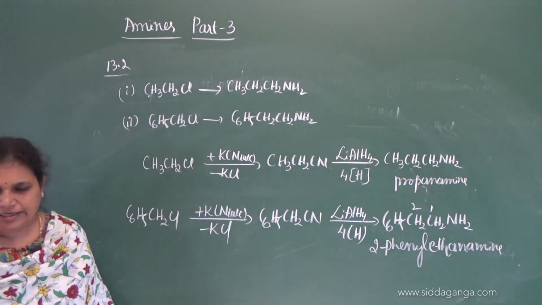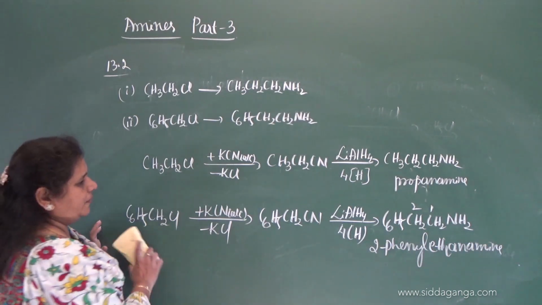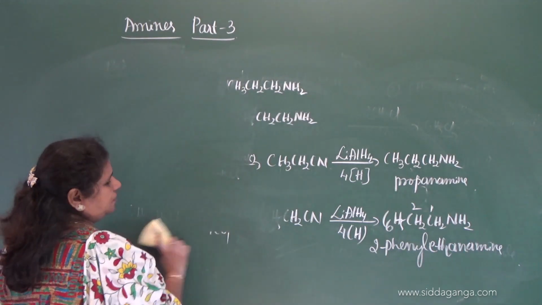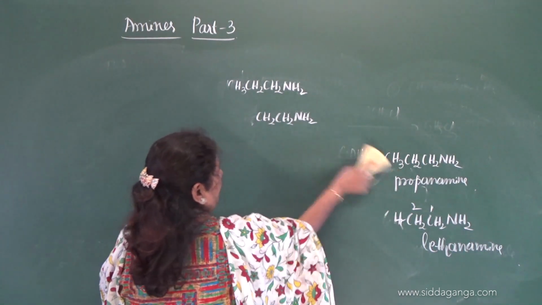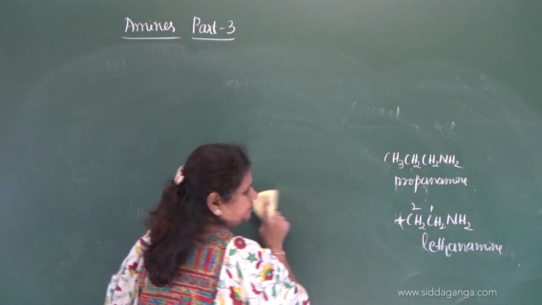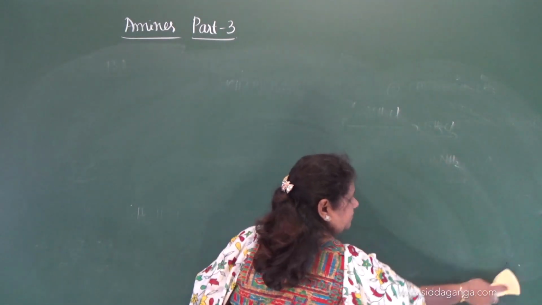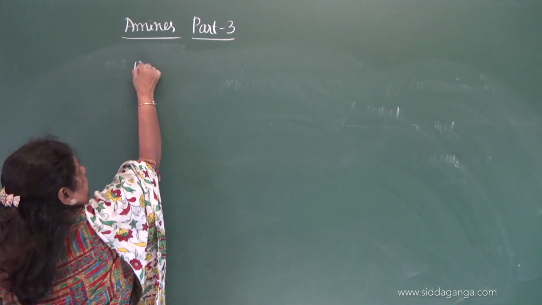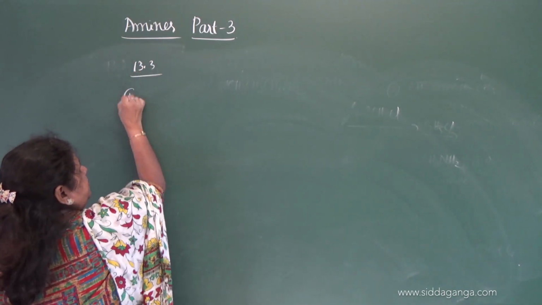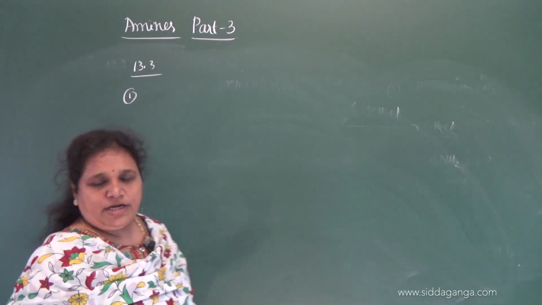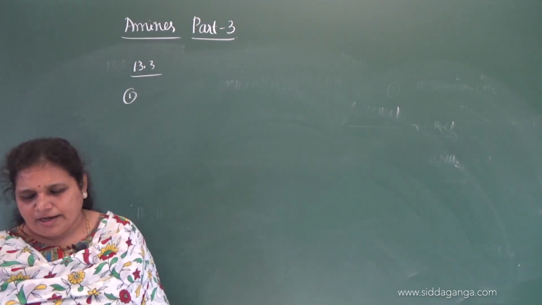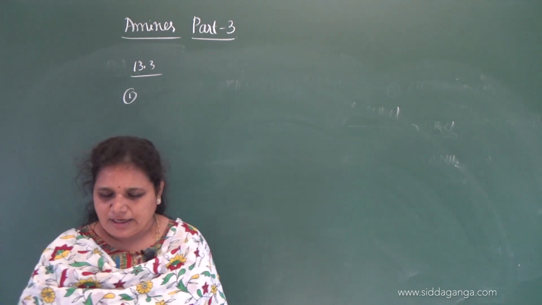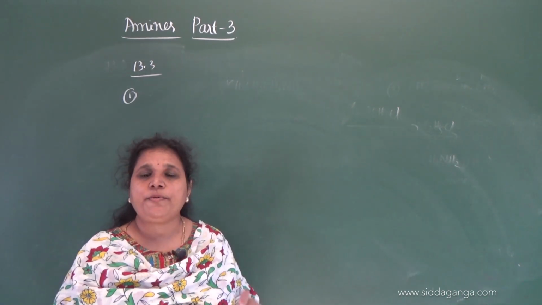Okay, now let us move on to the last one, that is 13.3 in-text solved question. What is the first question? Write the structure and the IUPAC name of the amide which gives propanamine.